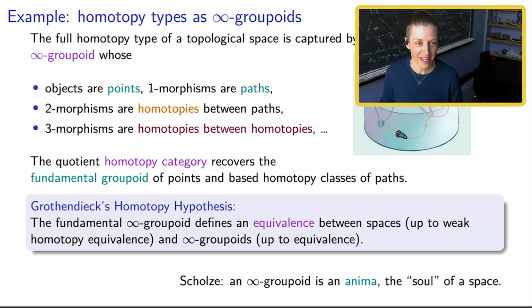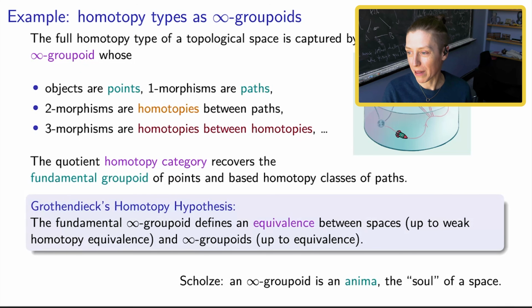And you gave me an easy example, which I'm grateful for, because R3 as a space is contractible, meaning that as a homotopy type, its infinity groupoid is the terminal infinity groupoid. So it has one object and only identity morphisms. So homotopy equivalence or weak homotopy equivalence is a funny invariant in that it doesn't see dimension somehow. So all Rn, all of those Euclidean spaces, are contractible spaces.